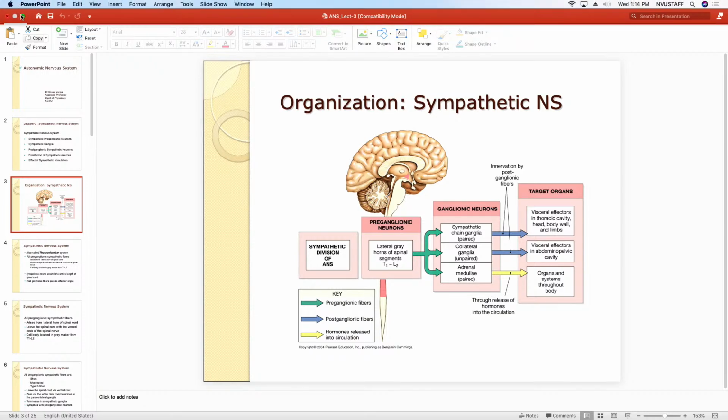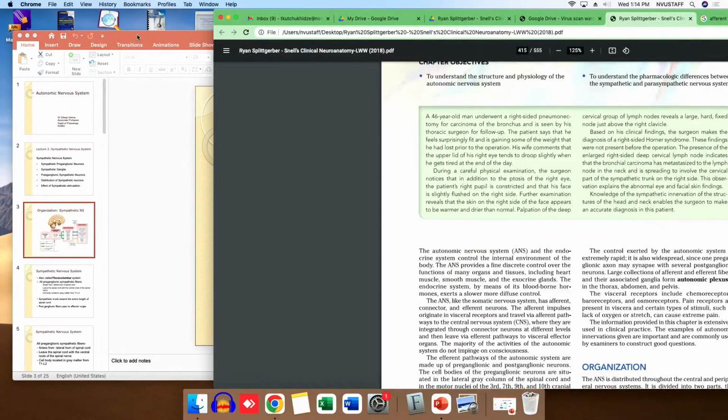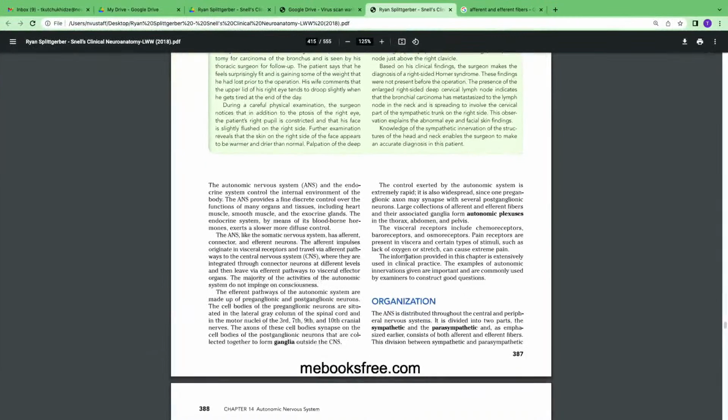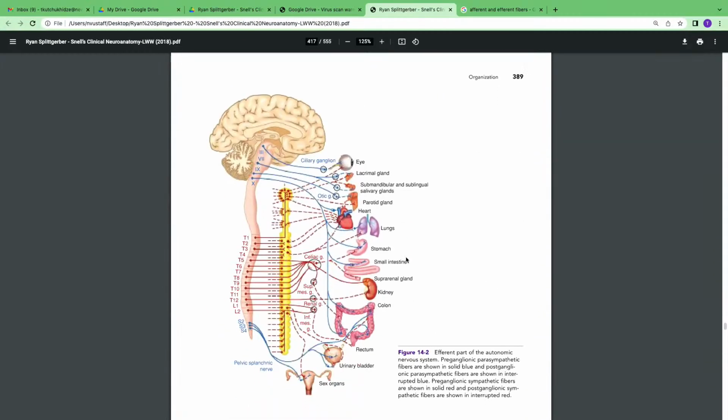So to see a bigger overview of what we just said, it will be this slide, for example. And we see how from T1 to L2 our sympathetic fibers are released, right?